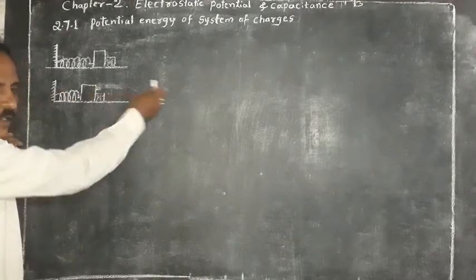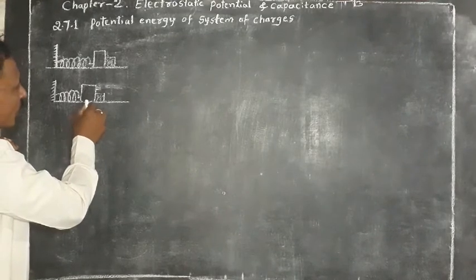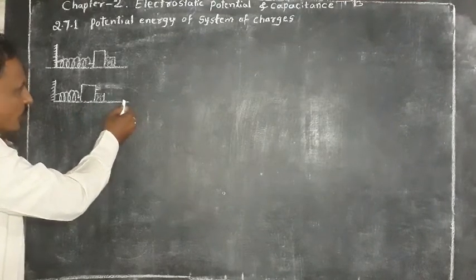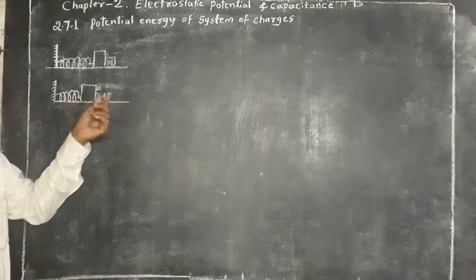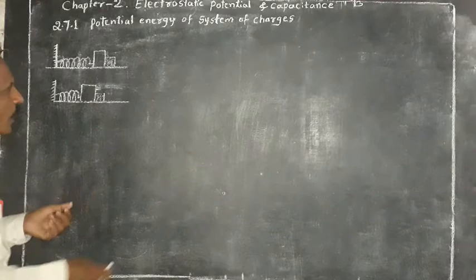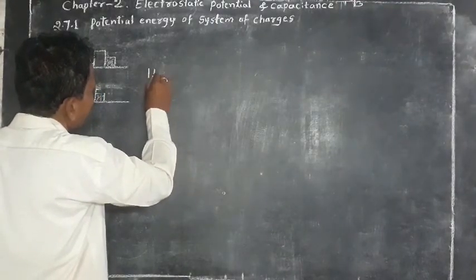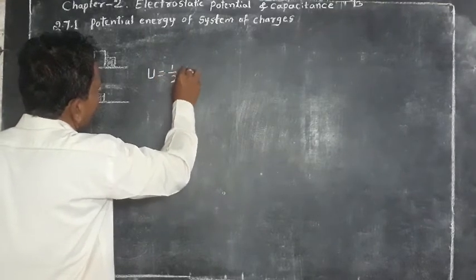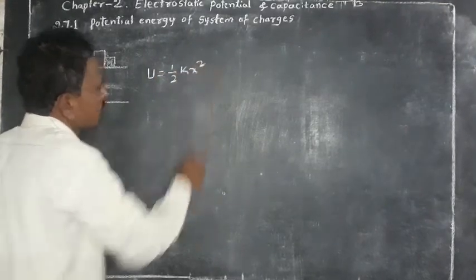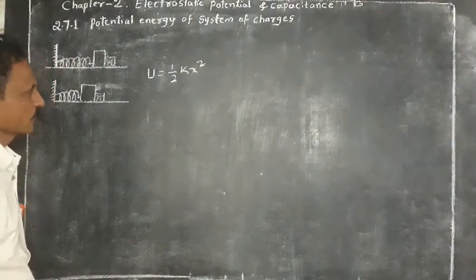Now, if the external force is removed, the potential energy stored in it does work in the opposite direction. Therefore, the wooden block starts moving. That means the potential energy is converted into kinetic energy. The potential energy of the spring is given by U = 1/2 kx², where k is the spring constant and x is the displacement of the spring.